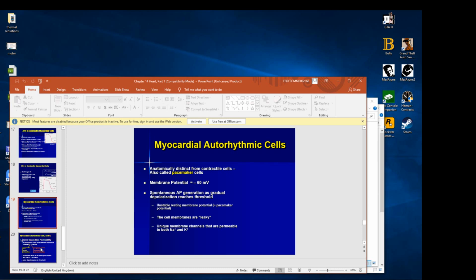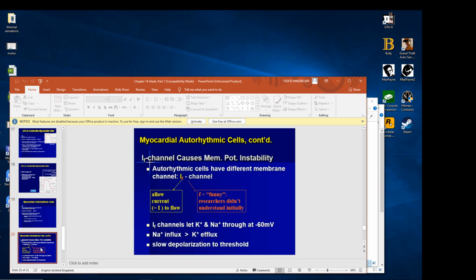Unstable resting membrane potential, the pacemaker potential: they have leaky cell membranes and unique membrane channels that are permeable to both sodium and potassium. The If channel causes membrane potential instability.